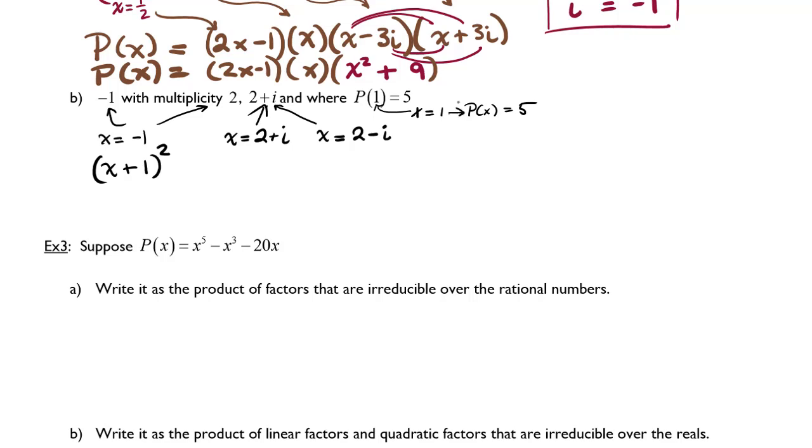Okay, so if that's the case, we will have p of x is equal to x plus 1 quantity squared times x minus 2 minus i and x minus 2 plus i.